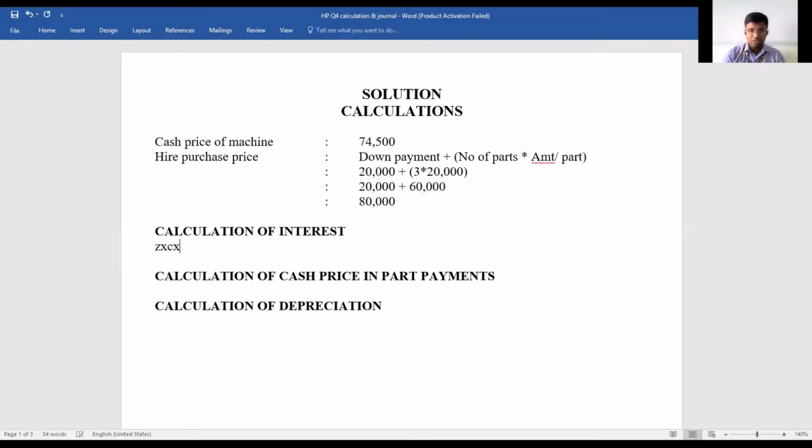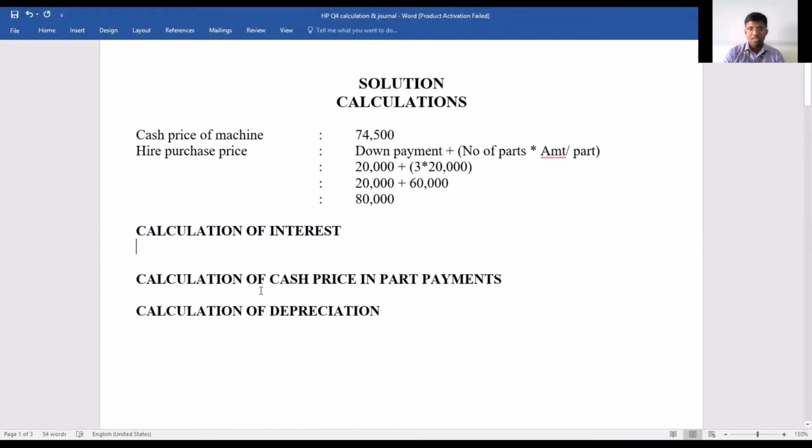Now we will have to go about with the calculation of the interest. We have to see how much is the interest that has to be paid to the vendor. We also saw in the earlier sessions that we need to pay interest only on the amount which is outstanding. Whatever be the amount that is outstanding, it is only for that amount that we will have to pay the interest. So let's start working out the calculation of interest.